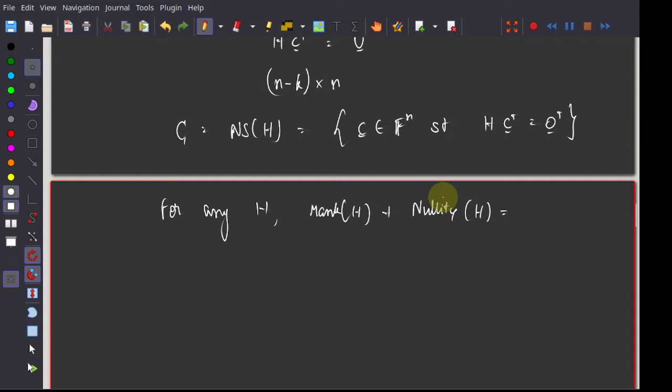What is n in terms of H? I'll give you a matrix H. H is maybe a 50 by 100 matrix. What is n? Is n 50 or n 100? So it's the number of columns.